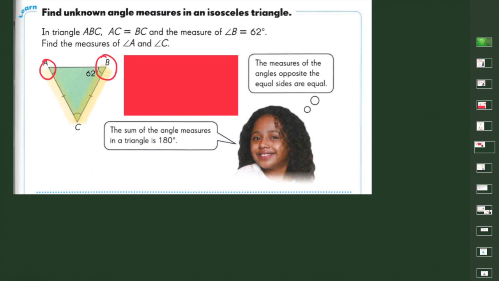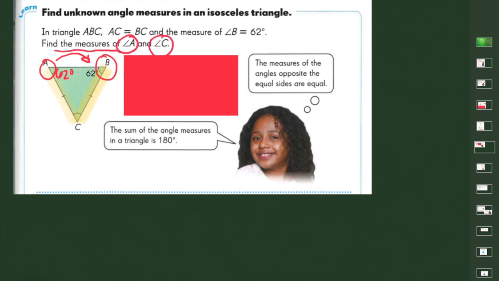So without doing any problem solving, I can tell what the measure of angle A is going to be, because it is equal to the measure of angle B. So we know that angle A is going to be 62 degrees. So we have found the measure for angle A.